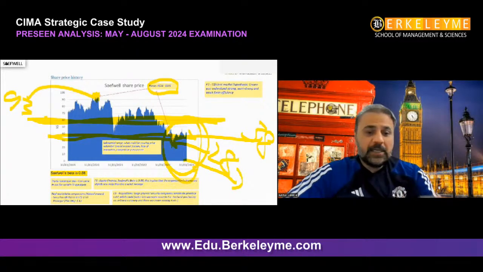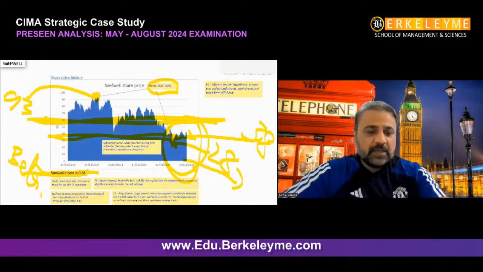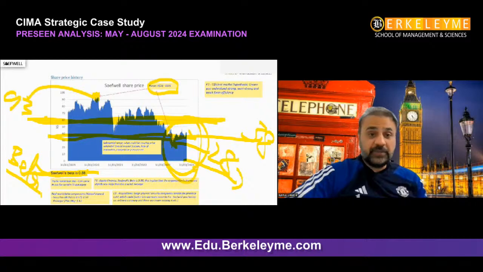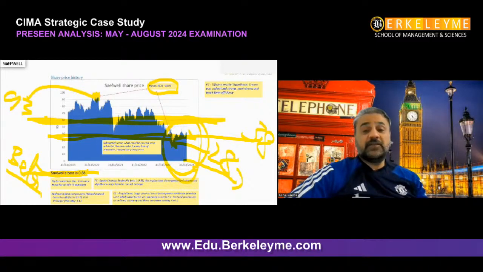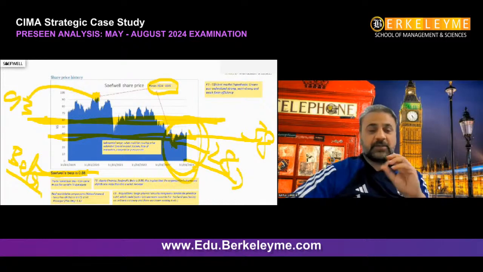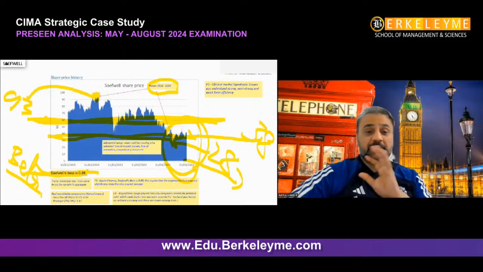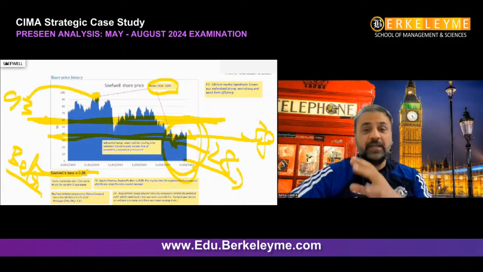And for that, there is a term called beta. Those who are familiar with stock exchanges or have studied finance before might know that there is alpha, there is delta, there is gamma, and there is beta. These are all used to describe a particular situation in finance.